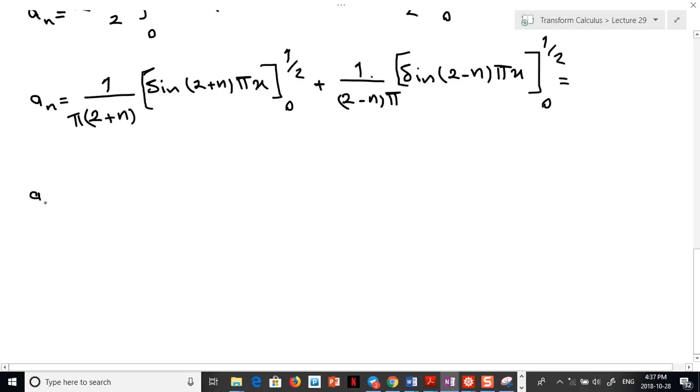So an is equal to 1 over (2 plus n) pi, doesn't matter the order.